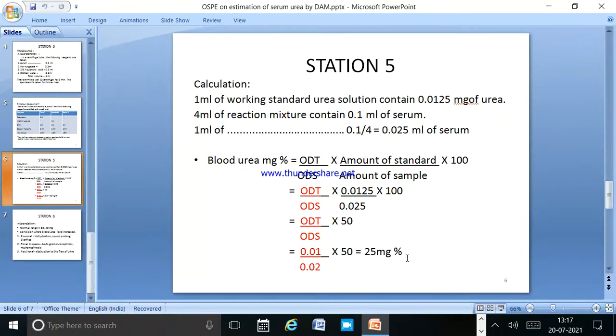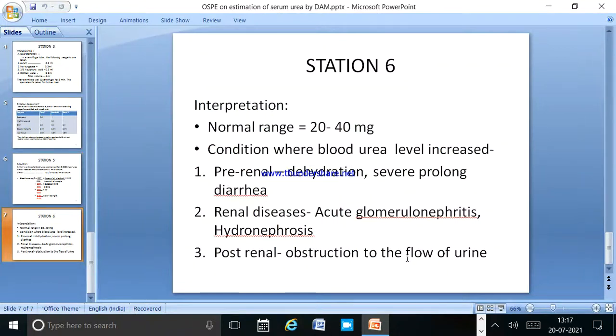The next station may ask for interpretation, like what is the normal range of blood urea, which is about 20 to 40 mg%. You may also be asked about conditions where blood urea levels are increased. For this, you have to tell three separate causes: pre-renal causes, renal diseases, and post-renal causes.